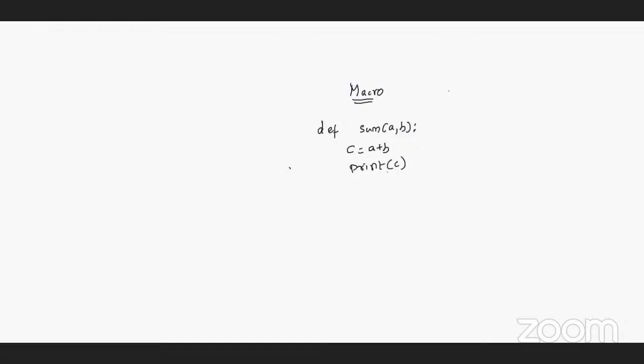So I'm calling that function as sum(10, 5). So this is the function call. I'm calling the function using that function name, and 10 and 5 are passed into the function. Similarly, you can call the function with whatever values you want, right?